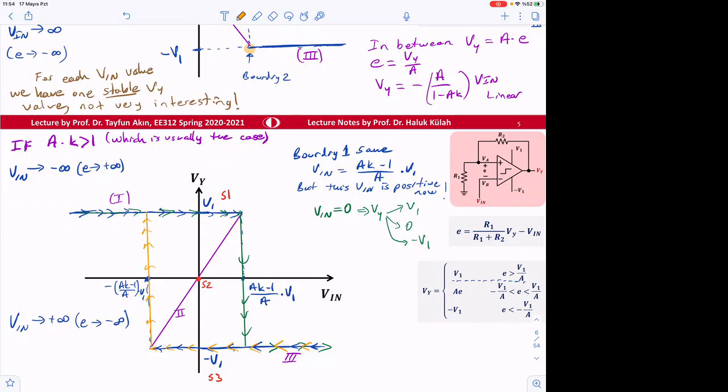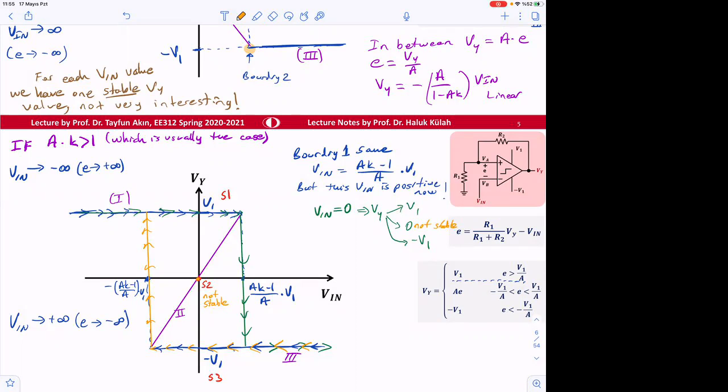Okay, so if the signal input is 0, it's really important where you come to that point. So this is not a stable state, not stable.